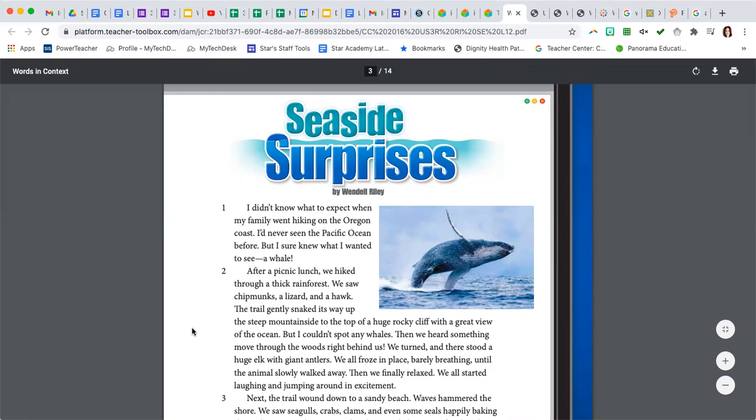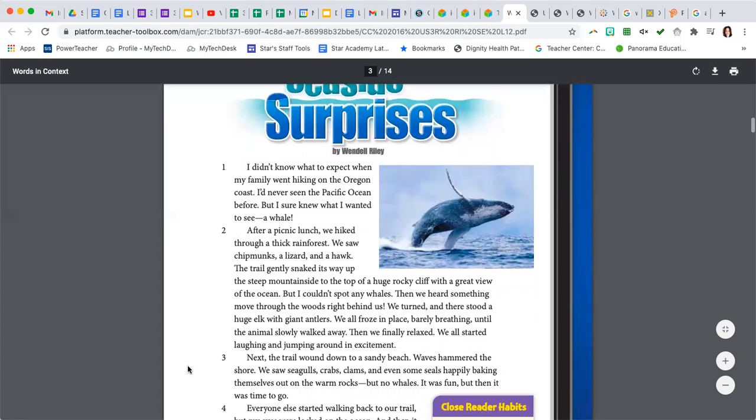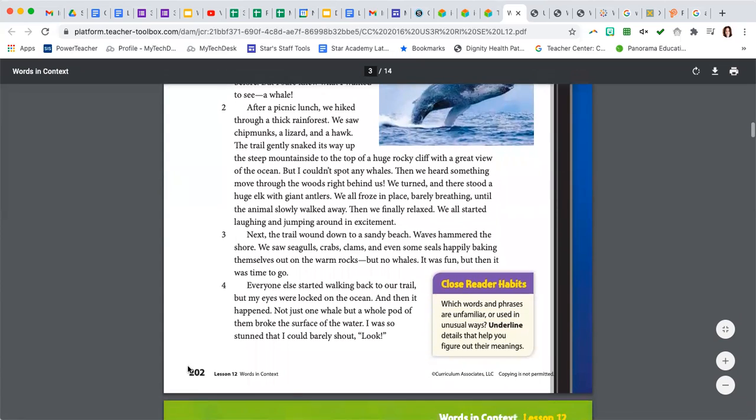Then we heard something move through the woods right behind us. We turned, and there stood a huge elk with giant antlers. We all froze in place, barely breathing, until the animal slowly walked away. Then we finally relaxed. We all started laughing and jumping around in excitement.